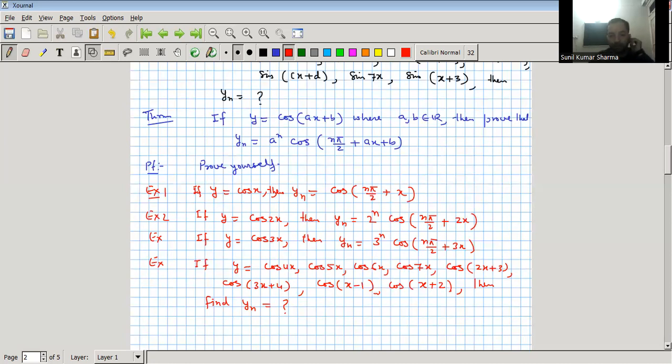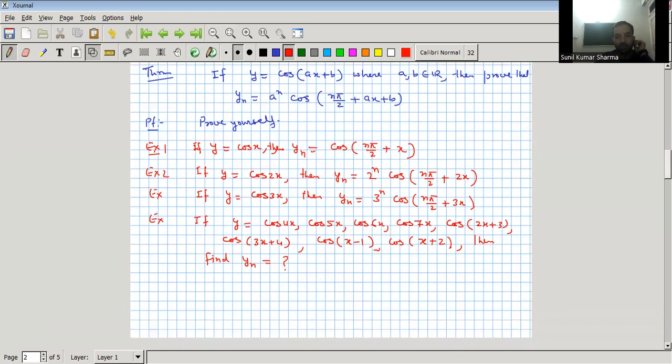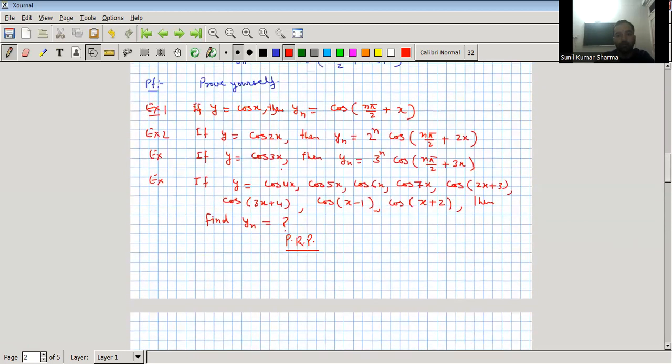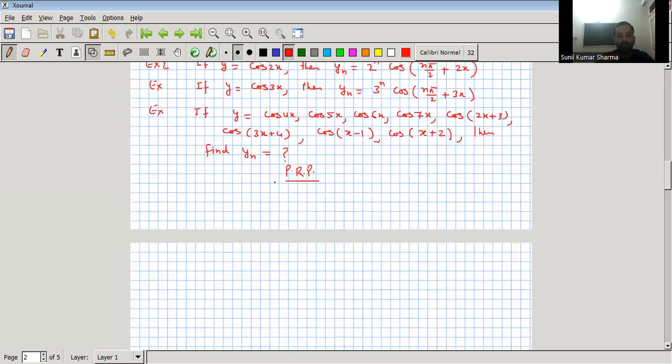Again, you can write your answer in the chat box. If you face any difficulty, you can ask your question in the chat box. So again, use PRP: pause, review, and revise, and then proceed. So these are some questions based on trigonometric functions. If y is given as sin ax plus b or cos ax plus b, then we find the nth derivative of sin ax plus b and cos ax plus b.